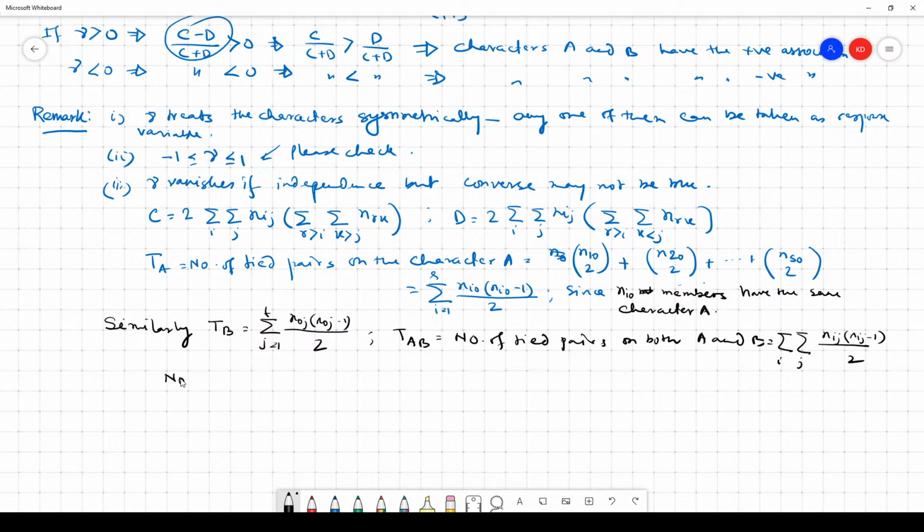Note that N choose 2, which is equal to C plus D plus T_A plus T_B minus T_AB.